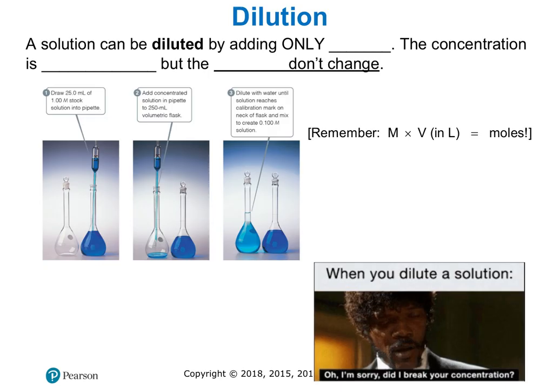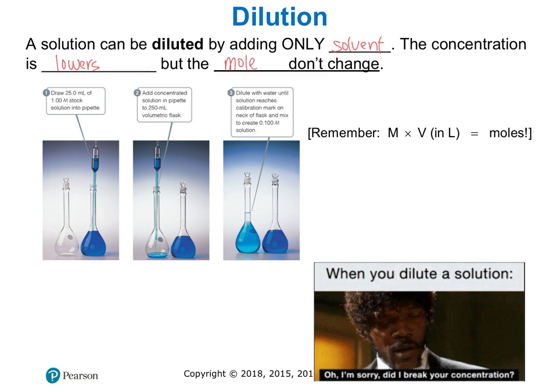And once we create a certain solution, we can actually dilute it. This happens by adding only solvent. So this means that the concentration lowers, right, because I added more volume, but the amount of moles that were in my sample don't change.